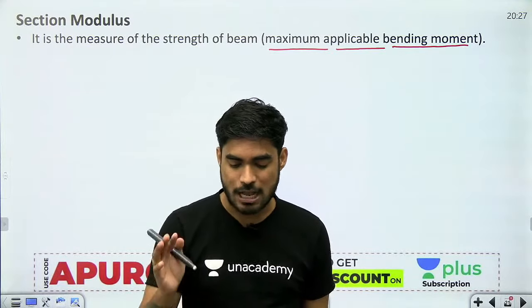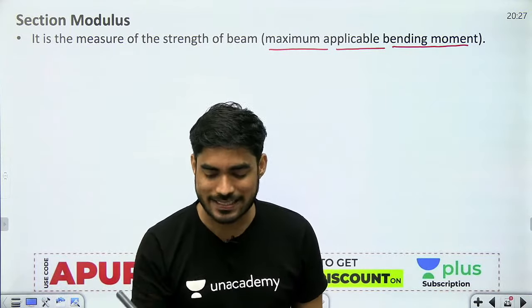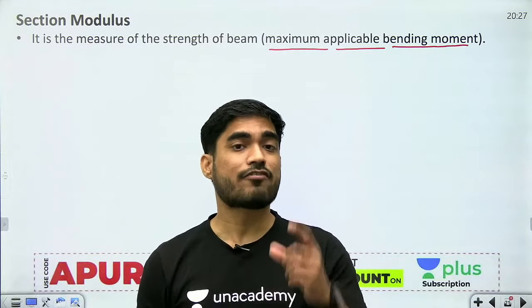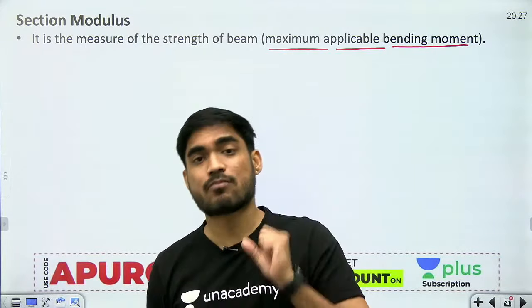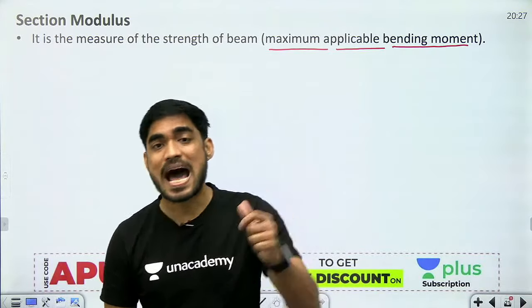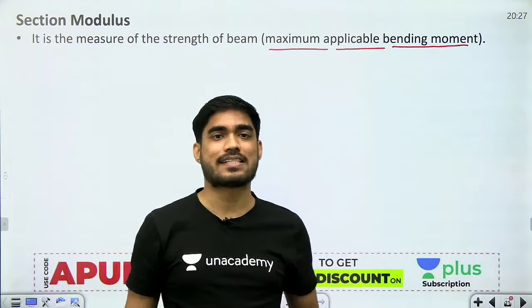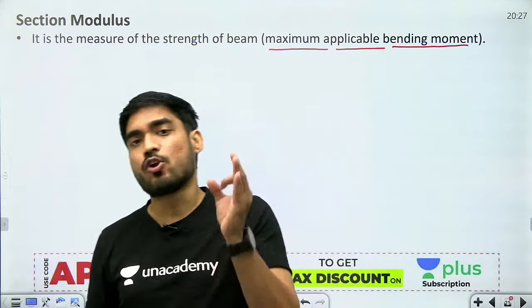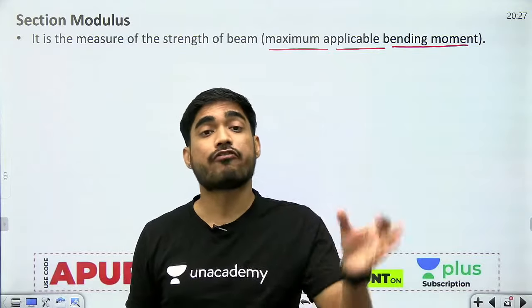Strength of material means how much stress it can sustain, and strength of beam means how much bending moment it can sustain. Strength of shaft means how much twisting moment it can sustain. Strength of bar means how much axial load it can sustain. So beta, strength of any member is how much load it can sustain without failure.